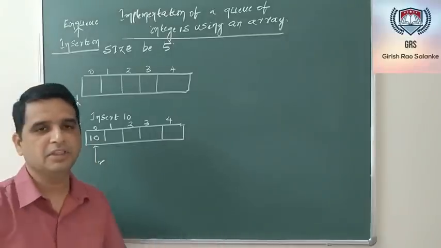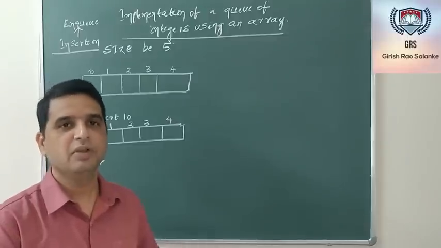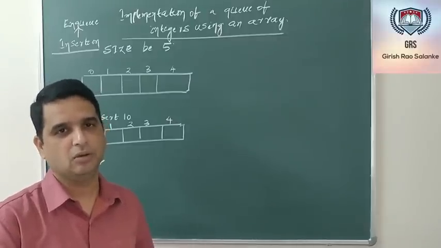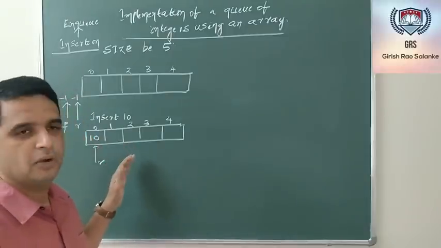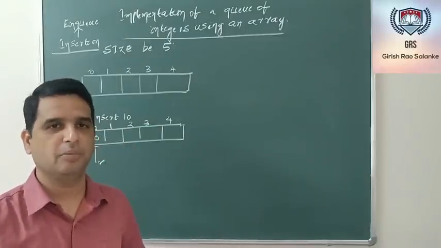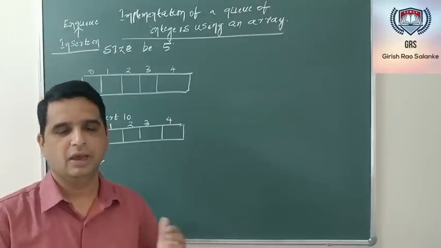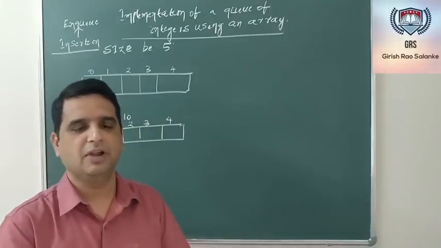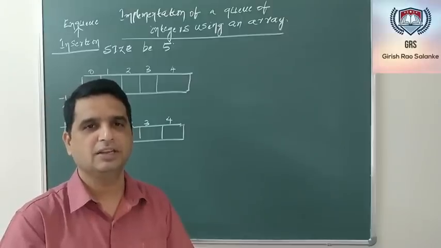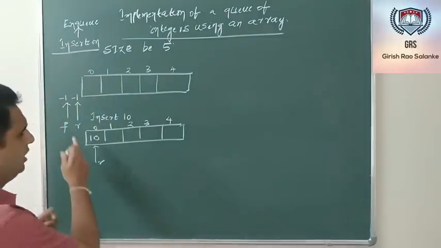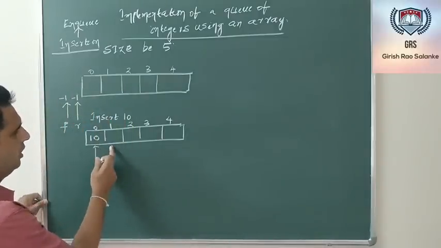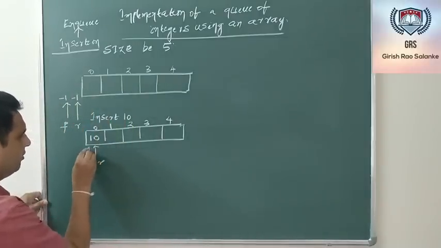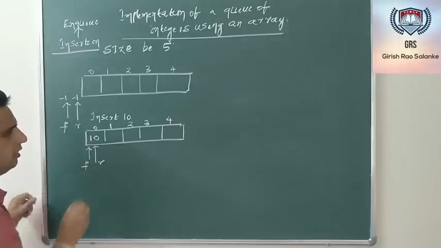Now, when we are performing the insertion operation for the first time, we need to update the front end also. Because after inserting one element onto the queue, if I want to perform a deletion operation, we have defined that the front end can be used to perform the deletion operation. So, after inserting the element for the first time on the queue, we need to update even the front end.